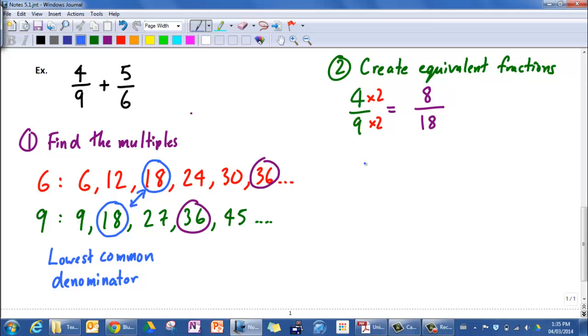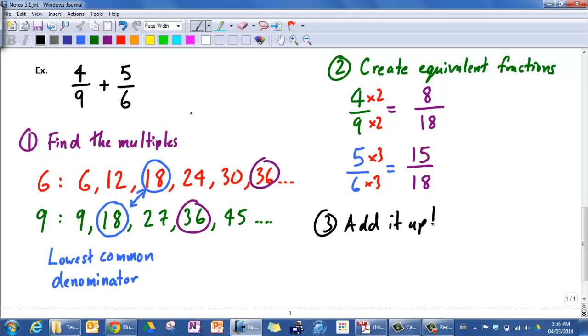I can do the same thing with 5/6. So 5/6, and the question is, what can I do so that this is something over 18? Well, 6 times 3 is 18, and 5 times 3 is 15. So now that I've got my equivalent fractions, my last step is the easy one.